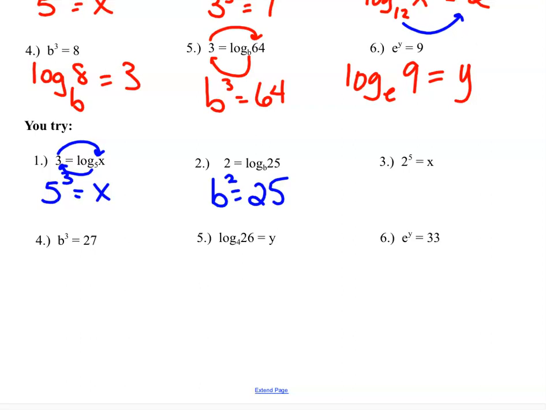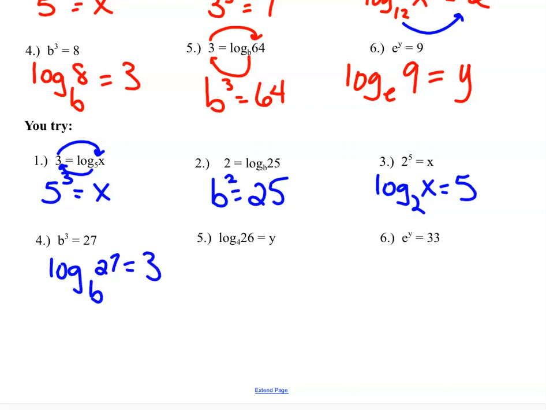Question 3 is already in exponential form, so we have to switch it back to log form. So we would have log base 2 of equals, all right. Question 4: log base b of 27 equals 3. Good.